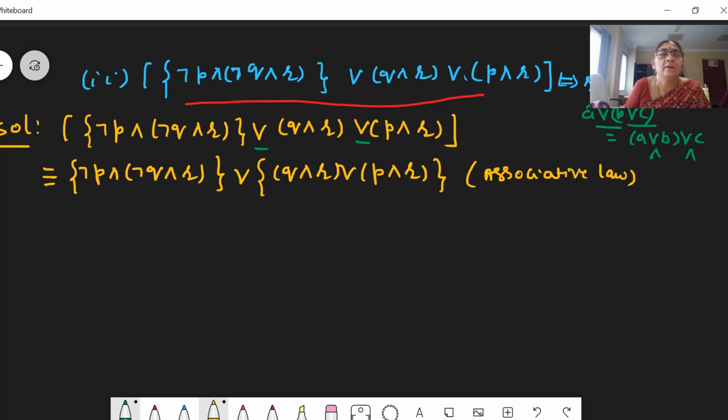Now observe why I did like that. I go for which law? Distributive law. What does distributive law say? We already know that A conjunction of B disjunction with C is nothing but A conjunction with B disjunction of A conjunction with C.